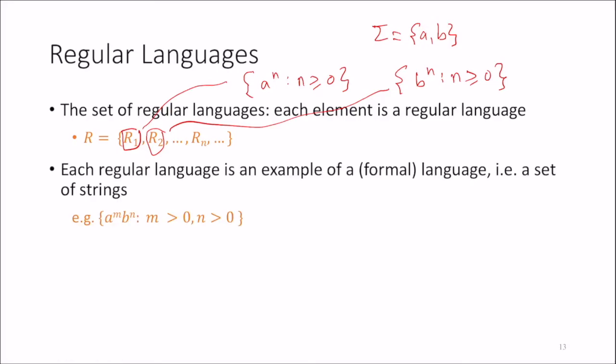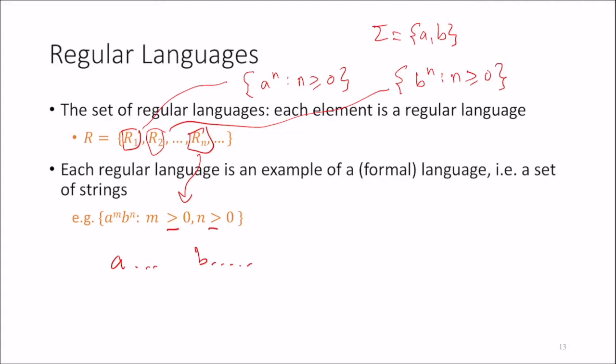You can also write down a regular language in the math notation of a set where, let's say, Rn is defined as a set which has A's preceding B's, and you should have at least one A and one B in this case, because it's greater than 0.